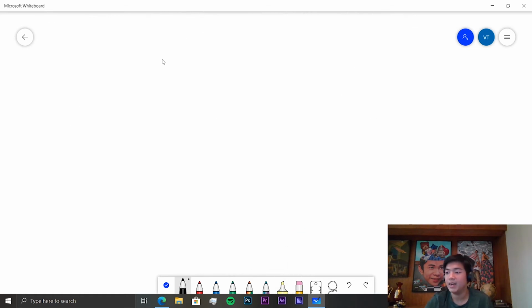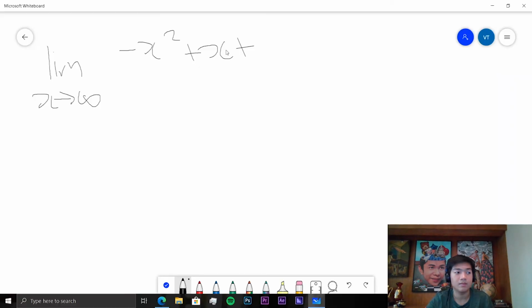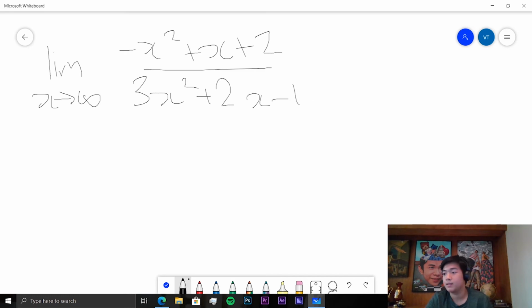We need to find the limit as x tends to infinity of (negative x squared plus x plus 2) over (3x squared plus 2x minus 1). Okay.